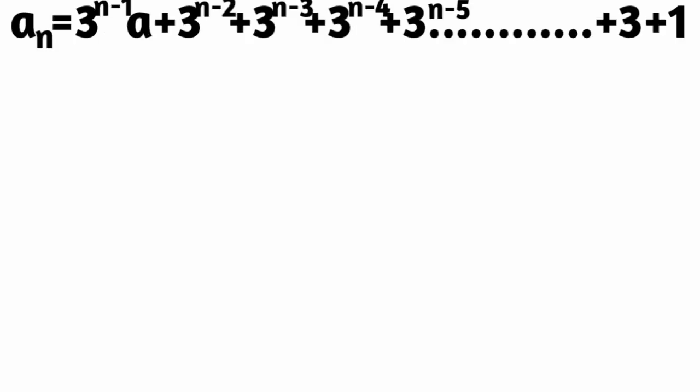By putting the value of a1, that means 3, we can simplify the above expression as an is equal to 3 power n minus 1 into 3 plus 3 power n minus 2 plus 3 power n minus 3 plus 3 power n minus 4 plus 3 power n minus 5 and so on, plus 3 plus 1.